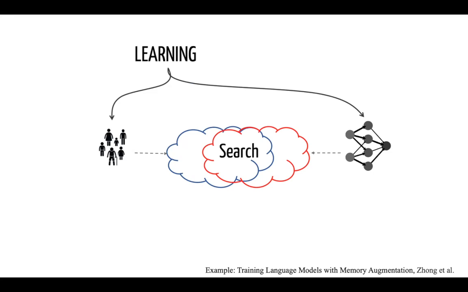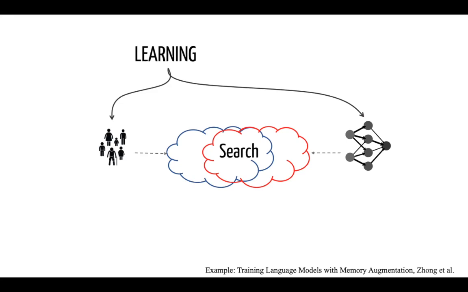So we learn by searching for information, and machines and neural models can also learn by searching for information as we do. So there are similarities and differences between learning by humans and machines. Accordingly, there are similarities and differences between search tasks that are performed by humans and by machines to get new knowledge and learn things.